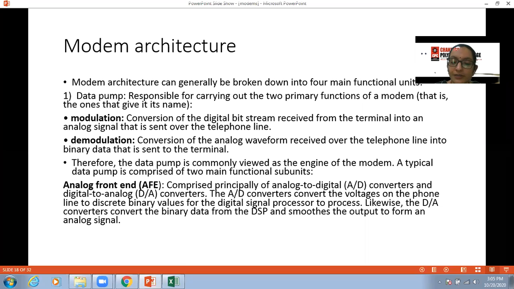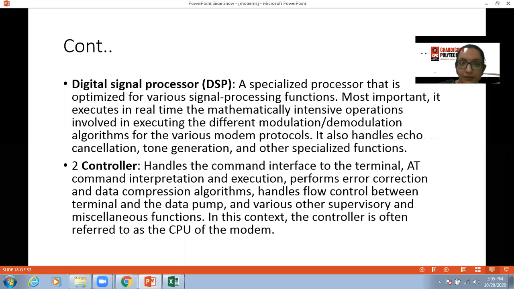The analog to digital converter converts the voltage on the phone line to discrete binary values for the digital signal processor to process. The D to A converter converts the binary data from the DSP unit and smooths the output to form an analog signal.